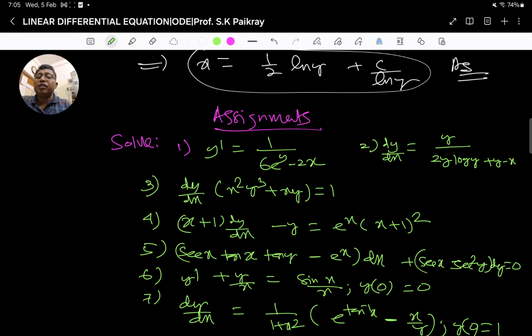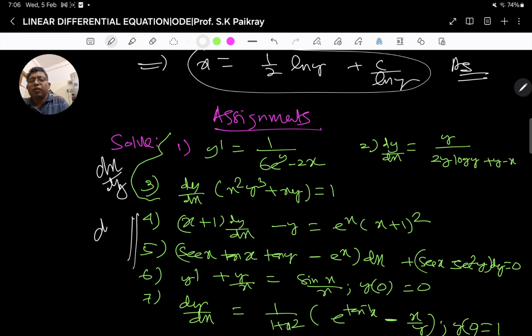Sometimes if we interchange x and y, then it becomes linear. You see the assignment problems 1, 2 and 3. You have to bring dx by dy, then only will you be able to make it linear. In 4 and 5 it is directly dy by dx. In these 3 problems you have to take x as the dependent variable, and in these 2 problems y is the dependent variable.